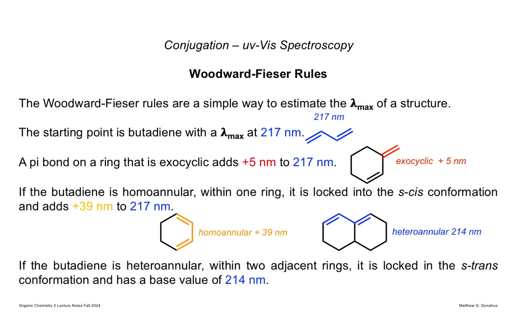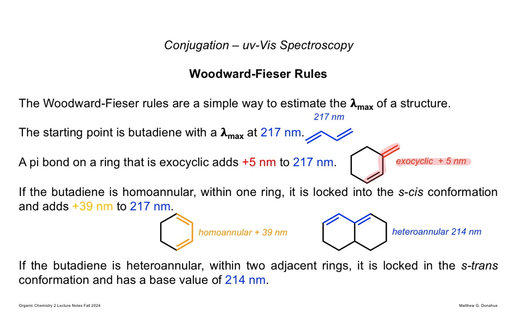So a couple other more specific situations. If your diene is in a ring, so there's that diene, and an alkene happens to be outside, that's what exocyclic means. That adds 5.